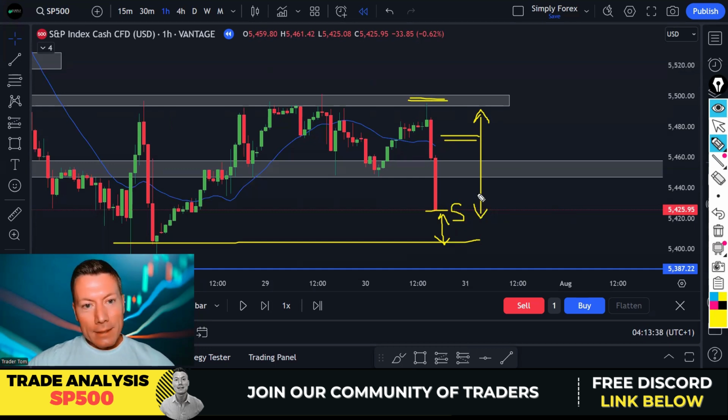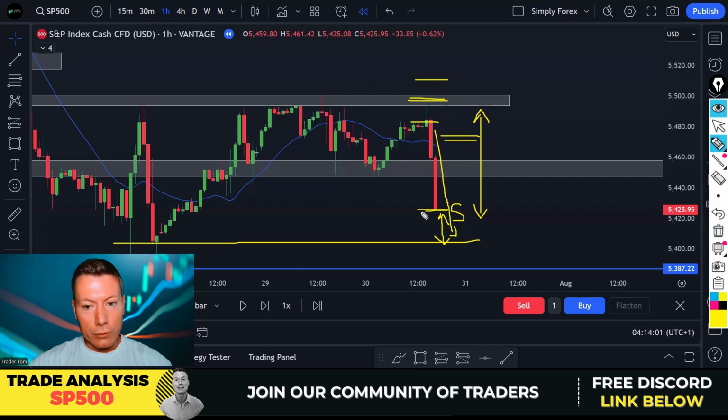So that's the idea of aggressive versus more conservative, more passive. And in this example, the aggressive trader has a very nice trade indeed. They're getting a wonderful risk to reward. Start selling here, stop here. You're getting a 1 to 4, 1 to 5.